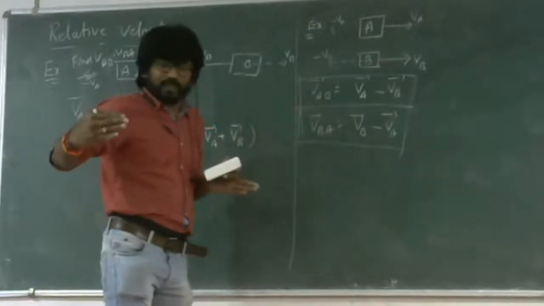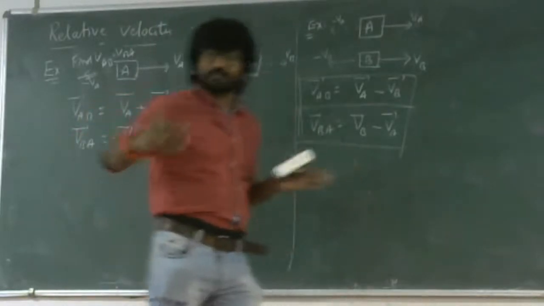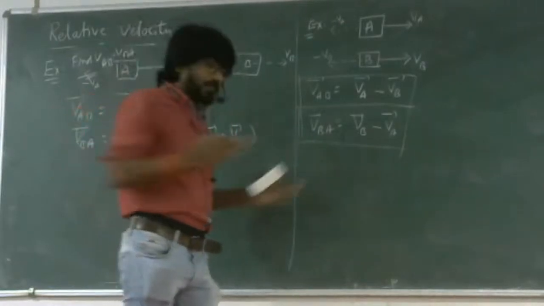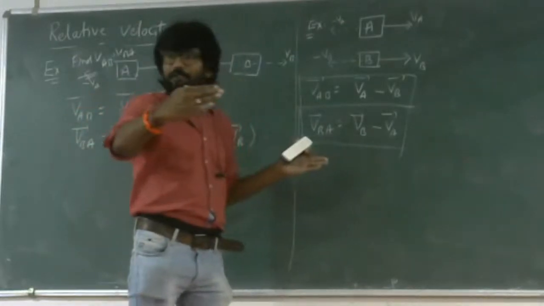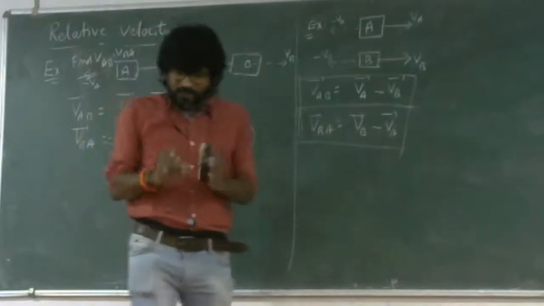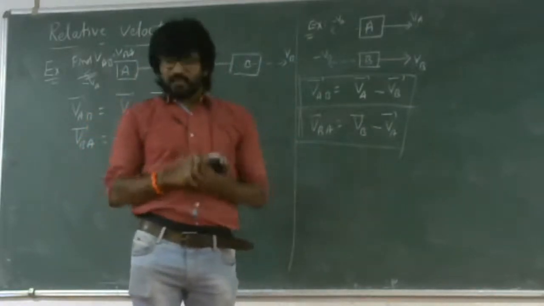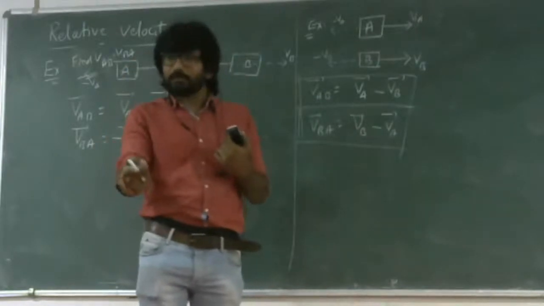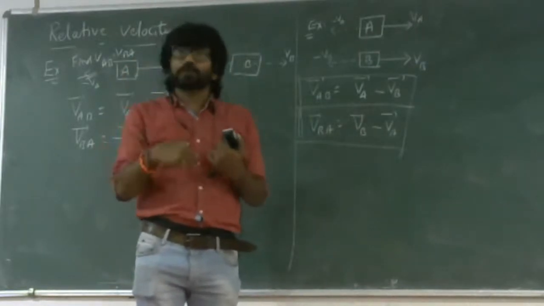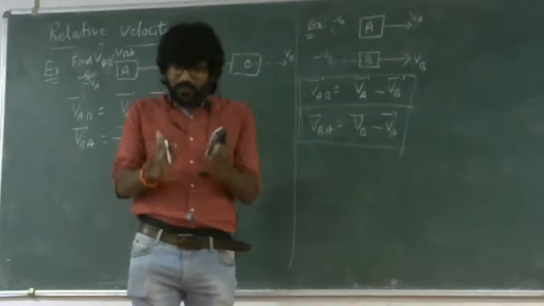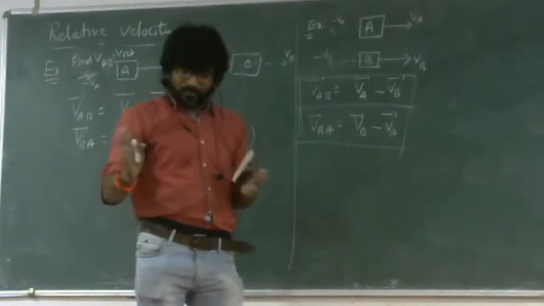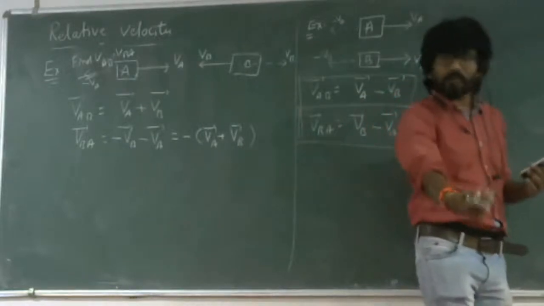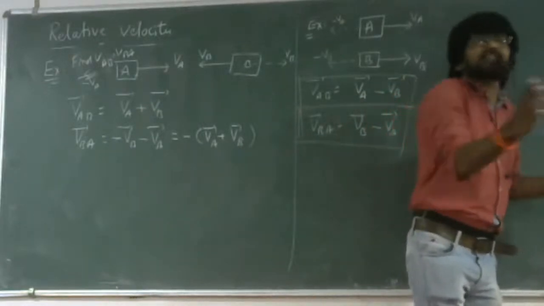Say for example, B is moving with the speed of 10 meters per second, A is also moving with 10 meters per second in the same direction. At time t equal to 0, B is here, but both are moving. After 10 seconds, if you observe, he is there just beside, because both are moving at the same speed.